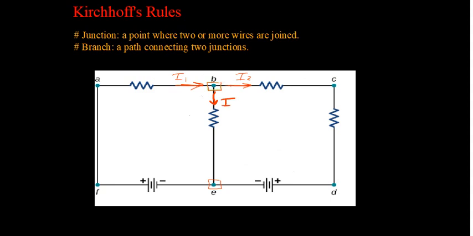So that's I3. Now, if I want to follow the formula of the junction rule, it says the total current in equals the total current out, which means I1 will equal I2 plus I3. So I can draw the scenario like this. These are my resistors from before, and this is my junction.